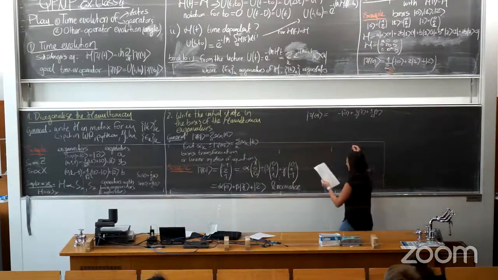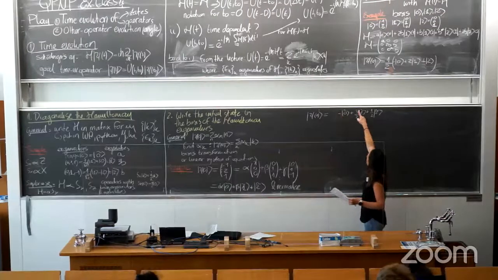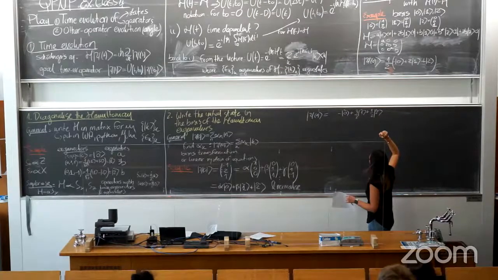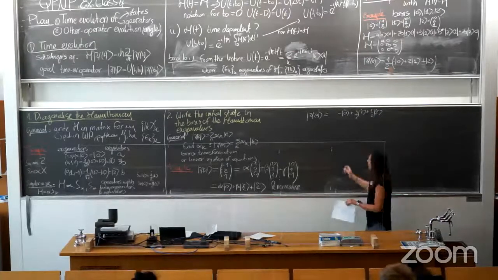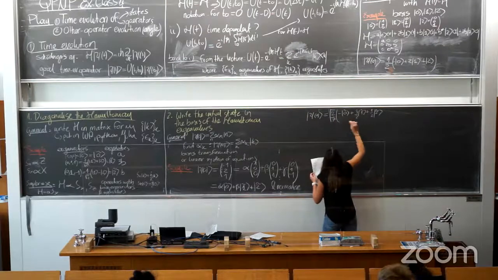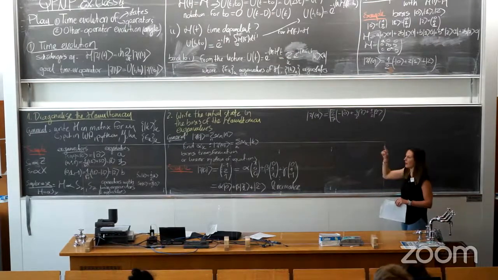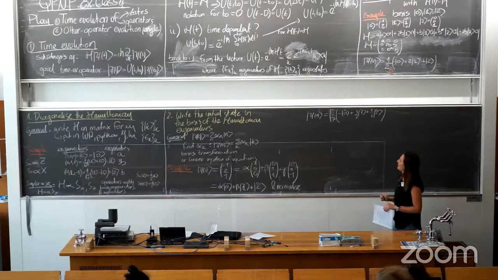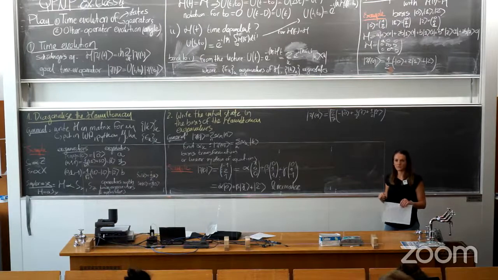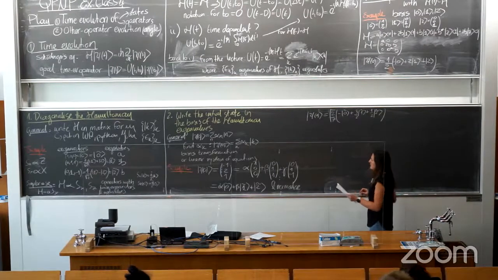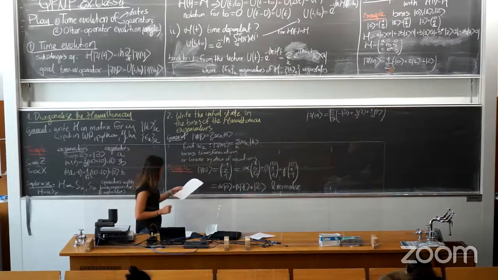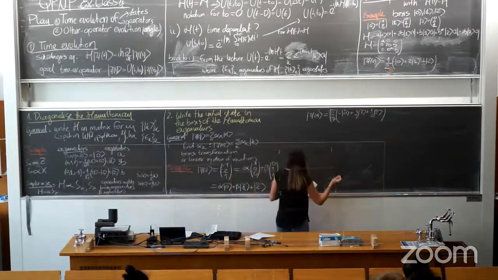So here I would have 1 plus 9/4 plus 1/4, which is 14/4, which is 7/2. So if I did everything correct, I put a normalization 1 over the square root of the norm, which will be 1 over 7/2. So yeah, this is the initial state in the basis of the Hamiltonian eigenvalues. That's what we did.